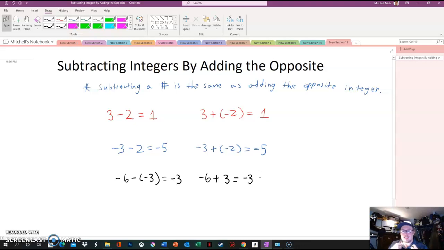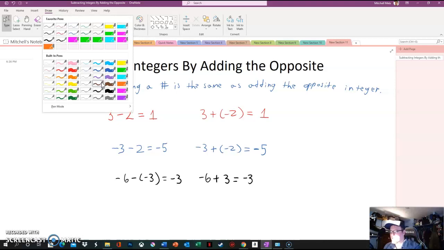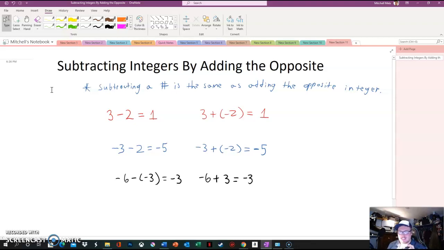Now the way I learn this is a mnemonic, and I'm going to show you the mnemonic really quick. I'm going to do one example of the mnemonic, and then I hope this helped you out in learning this. Let me know if you need further assistance. So the mnemonic is, it's not a mnemonic, it's just a saying I should say: keep, change, change.